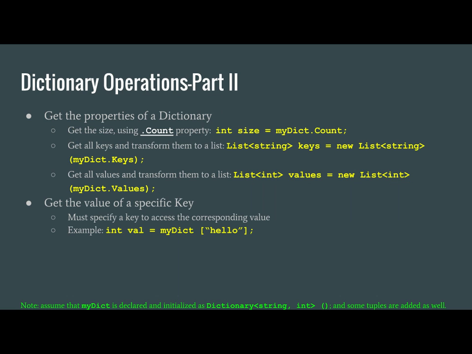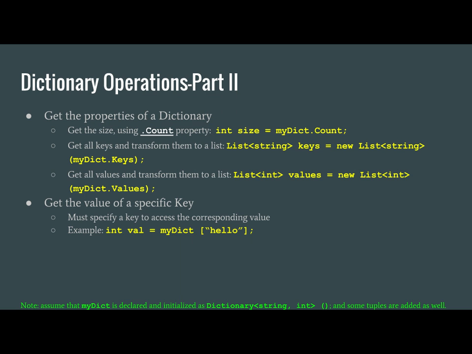So we declare a list with a string type, and we create a list by using this constructor, new list string, and you need to give something to the list when you try to get the keys. So you need to use myDict.keys to get the keys, and then pass this to the constructor.